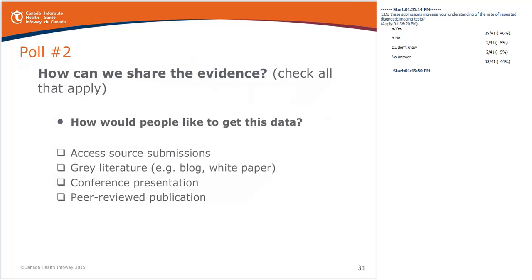We'll put the poll up, and again, you can go on the right-hand side and answer. How would people like to get this data? Would you like direct access to the source submissions? Do you think gray literature, such as a blog or white paper, might be interesting? How about a conference presentation? And the final choice is a peer-reviewed publication.